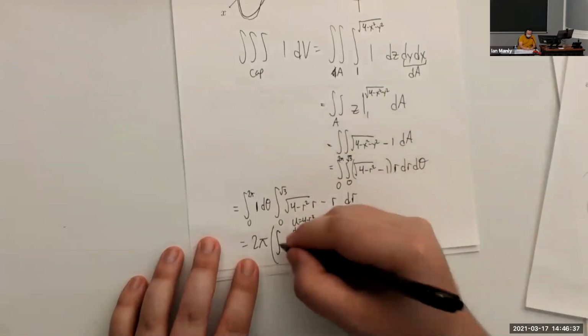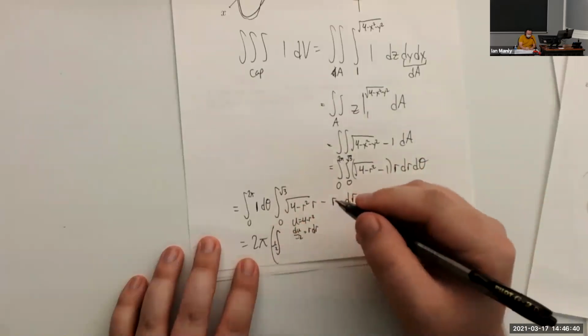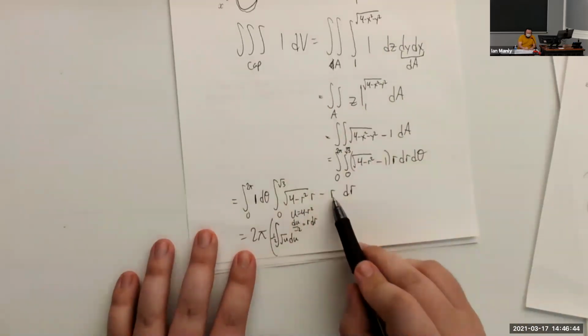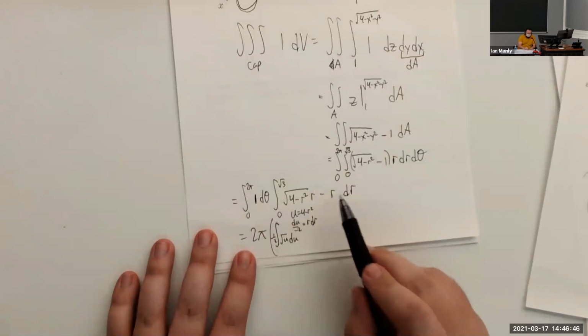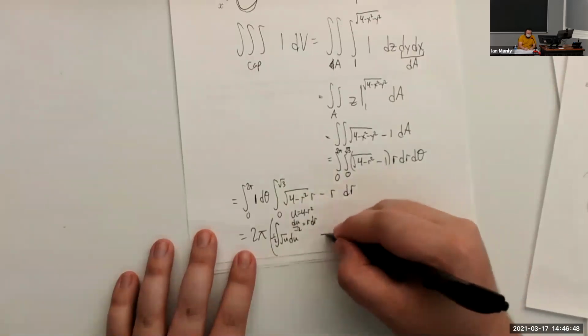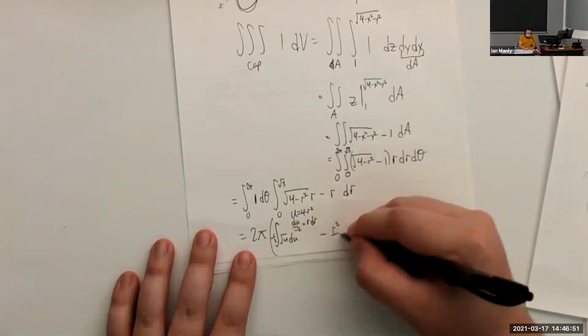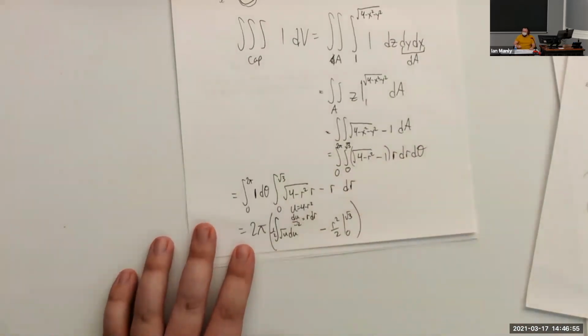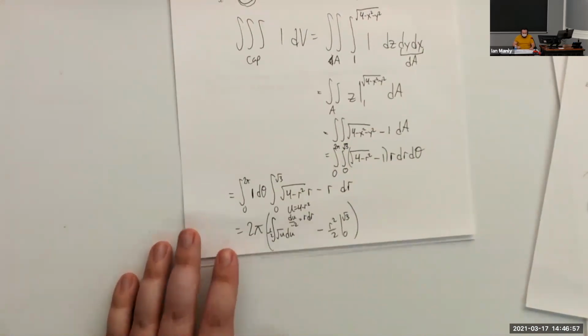So this is going to be negative 1/2 the integral of root u du. And then this part I don't need u sub to deal with. So I'm just going to do this integral separately. So I have r squared over 2 from 0 to root 3 right here.